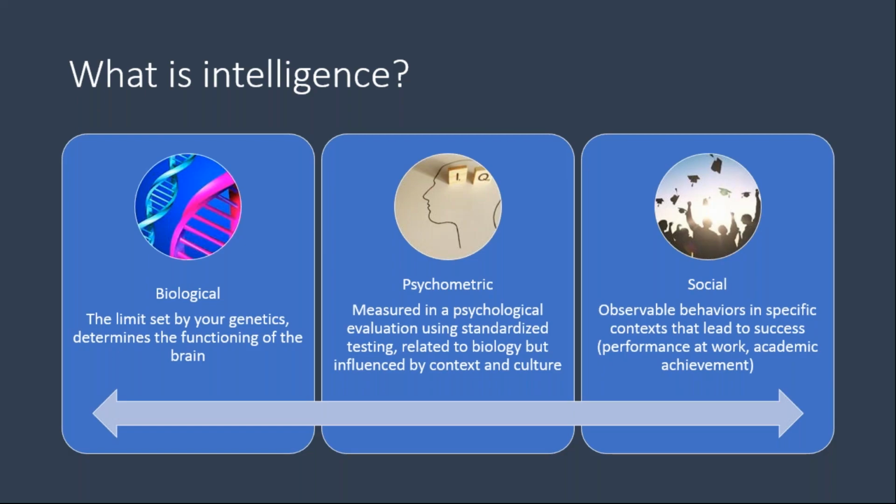So it's related to your biology, it's influenced by the context and the culture, but it's our best way to really measure intelligence. And that is typically what we refer to as an IQ, the score that comes from a psychological evaluation from participating in standardized testing.